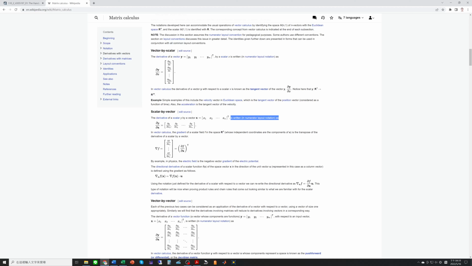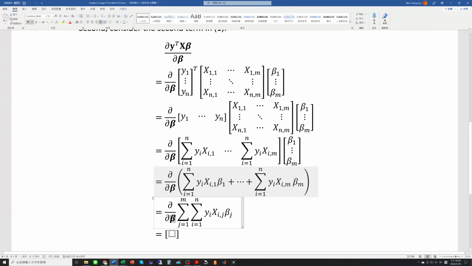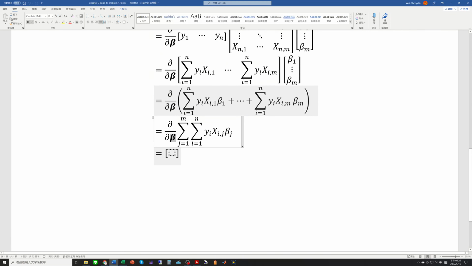The first element is partial y over partial x1, and the second element is partial y over partial x2, and so on. And the last element is partial y over partial xn. So let's go back to the Microsoft Word.